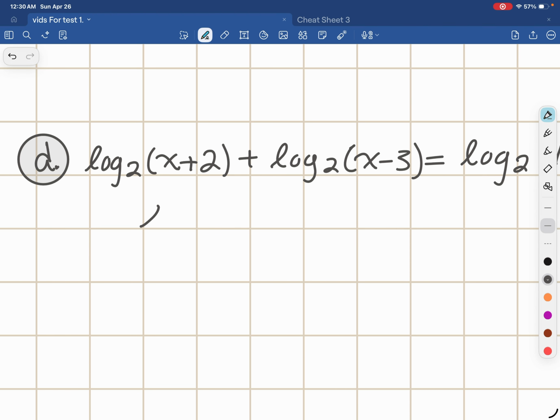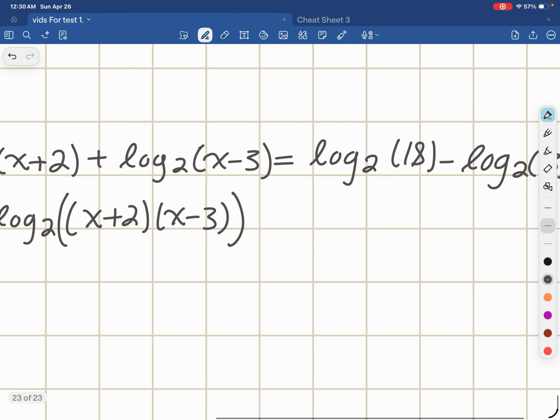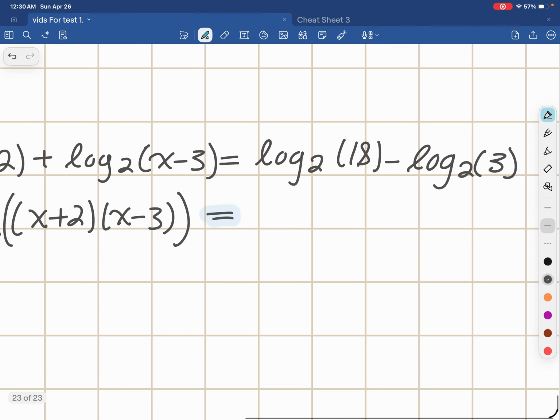So we should have log base 2 of x plus 2 times x minus 3 is equal, and we have subtraction here, so we can write this as log base 2 of first value always over 18 over 3.